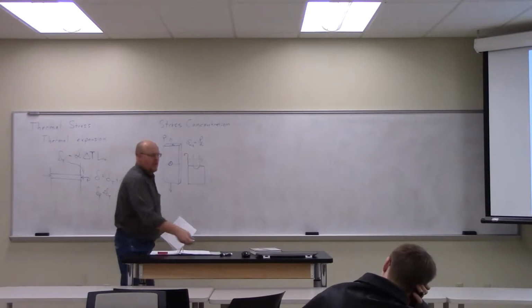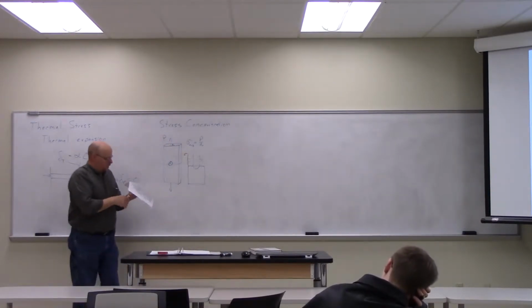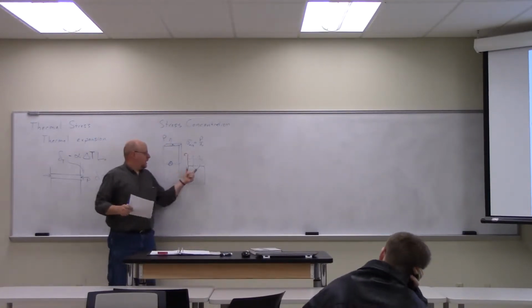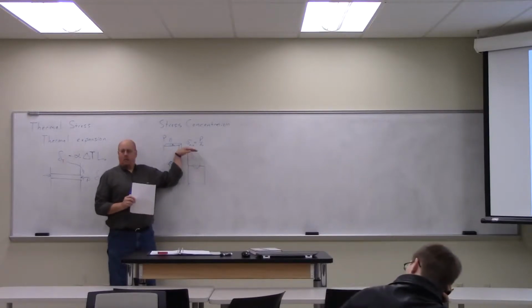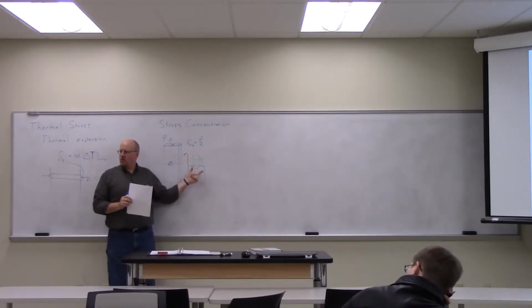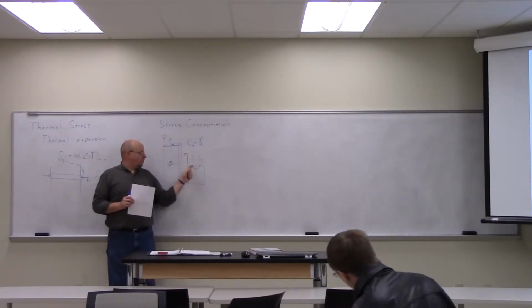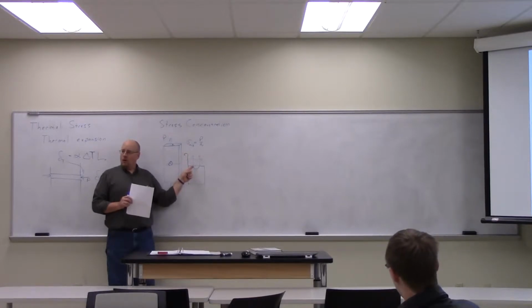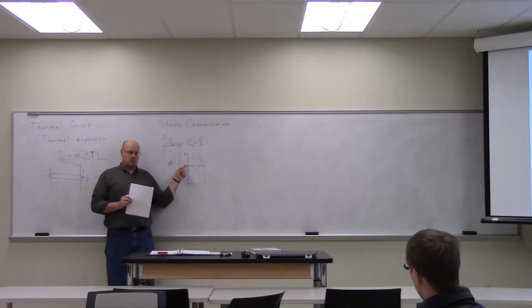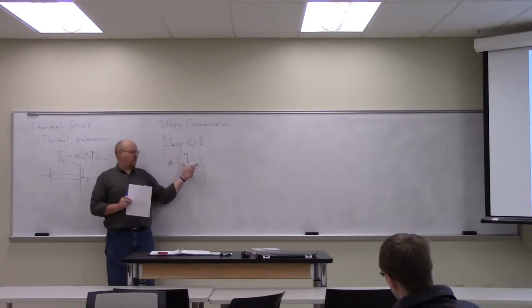Okay? In other words, the stress here doesn't just go up because the cross-sectional area has gone down, but the distribution of stress changes. There's a greater stress right here at the edge of the hole than there is out here on the surface. You see that? You understand the drawing?